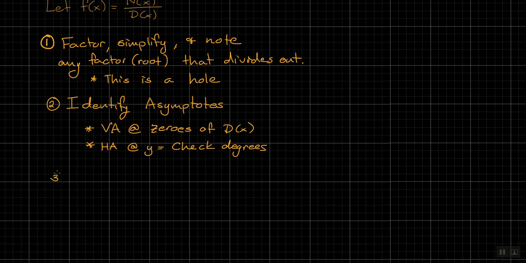Where do the x-intercepts happen? They're the zeros of something. How do we find the zero of that last function that we graphed?